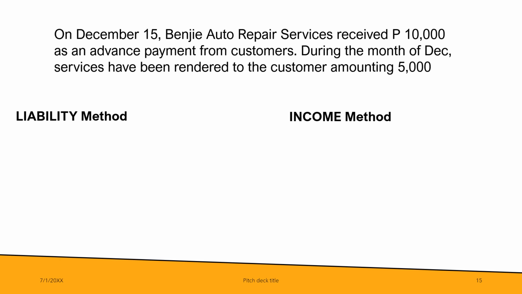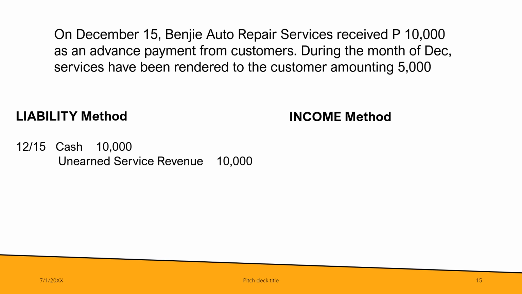So let's revisit what the entry was on December 15. On December 15, when Benji Auto Repair received 10,000, it debited cash 10,000. That's correct. However, in its credit, it credited unearned service revenue. When you put the word unearned before service revenue, that makes your account title a liability account.